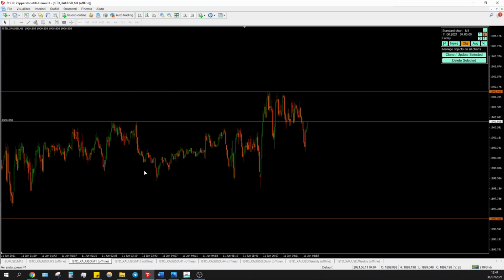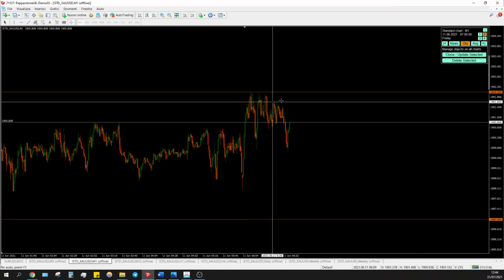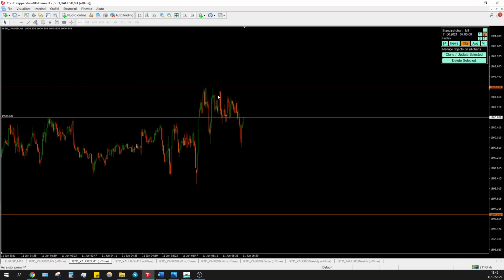So you see we were reacting in pre-London to these highs, failing to break. Now it's London Open, so I might even expect, if I see a pullback, I'm not concerned, because it might be a pullback to previous lows around here and then continuation up.